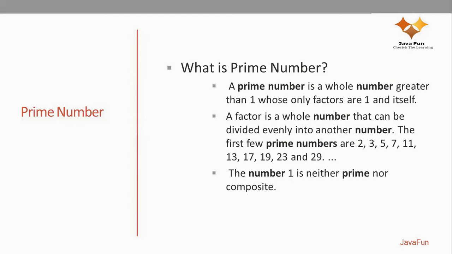Before going into the code itself, let's find out what the algorithm will be. As I explained, for that particular number, we need to loop through from, say, 2, because 1 we are not considering. With 1 you can easily divide any number, so 1 we don't really need to consider.